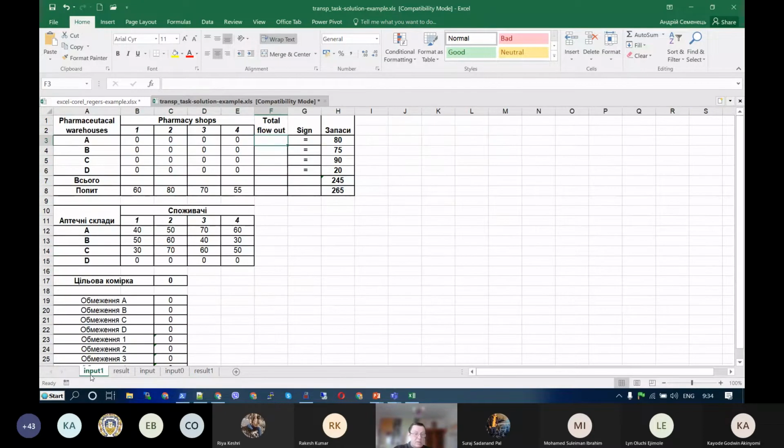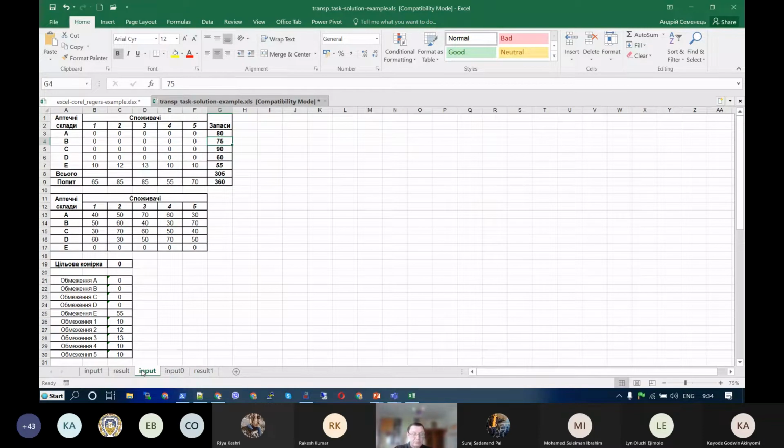Maybe I will use an existing one. Yes, so here it is. Here is an example of how it has to be added. Here is the imaginary resource with zero transportation cost.